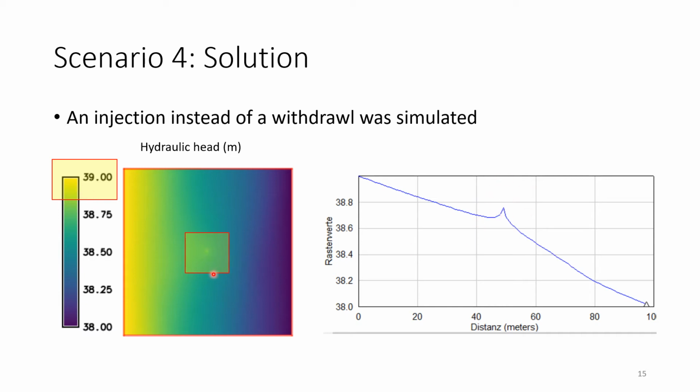It's the yellow spot here, and yellow is associated with the higher hydraulic head, and it should be lower if we are pumping. So we are injecting instead of pumping. A simple mistake by the sign. The pumping rate, of course, is given with a minus in the source term because we are extracting mass.